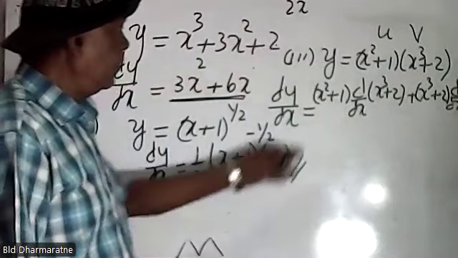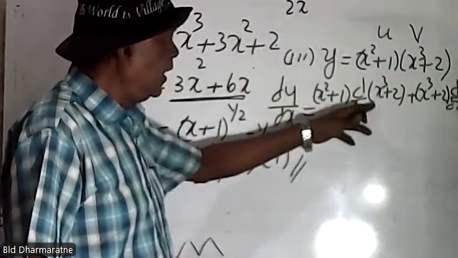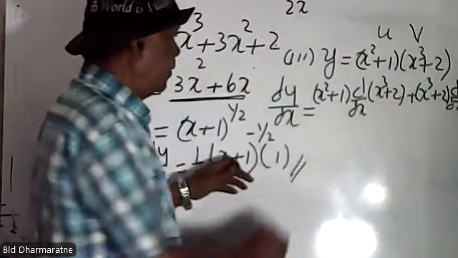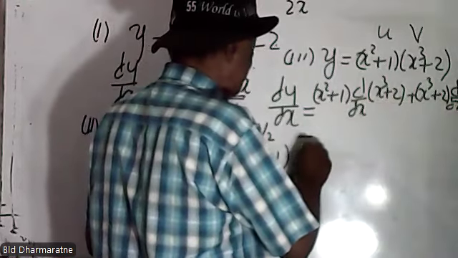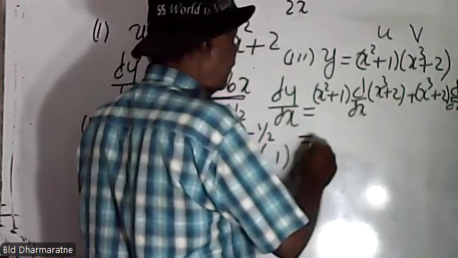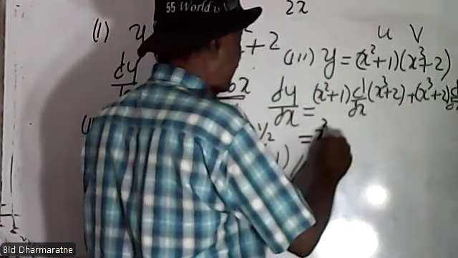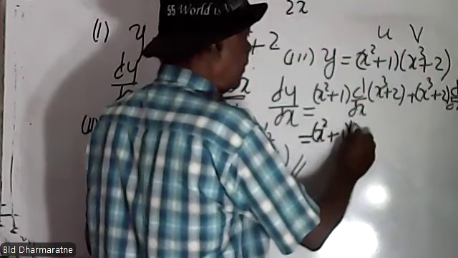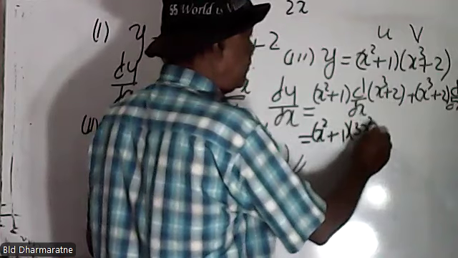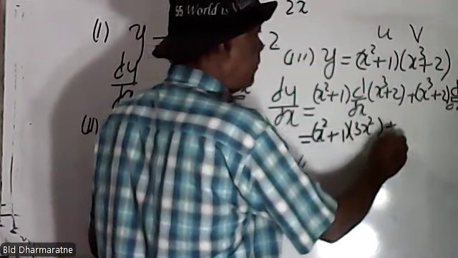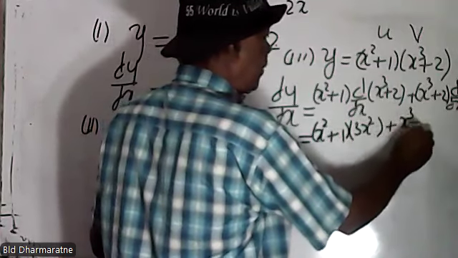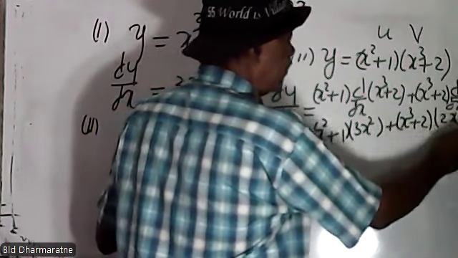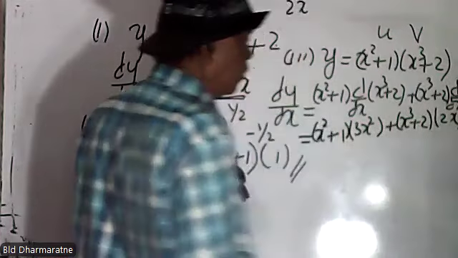What is this writing? u dv by dx plus v du by dx. In this step, x squared plus 1 into differentiate this one, how much? 3x squared, right? Plus, differentiate x cubed plus 2, this differentiates to 2x. This is a solution.